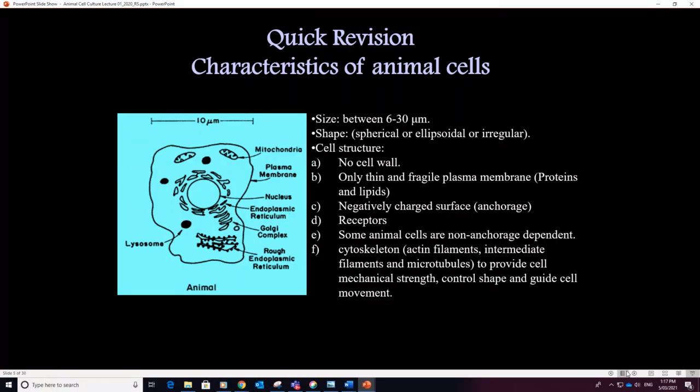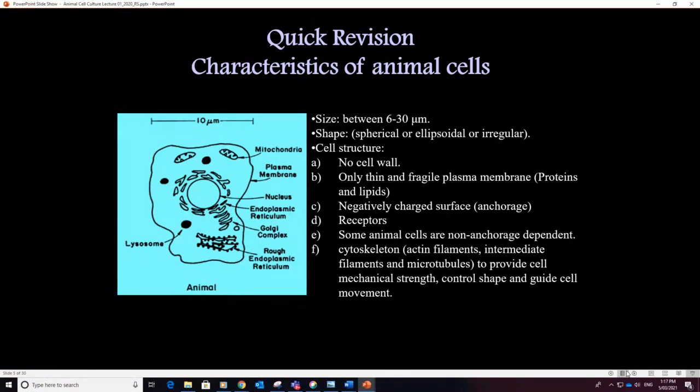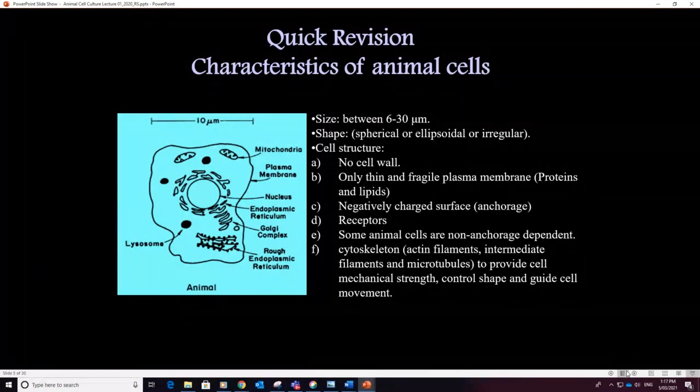It's a negatively charged surface which helps in sticking to each other or to a plastic surface or wherever you want to grow them. They have receptors which give a key kind of identification of those particular types of cells.